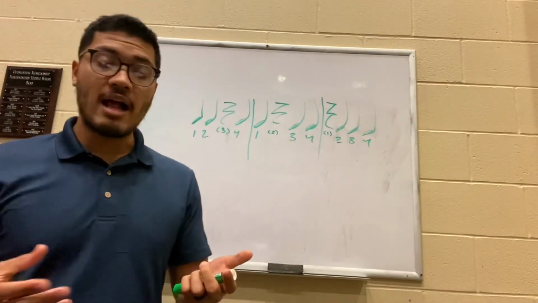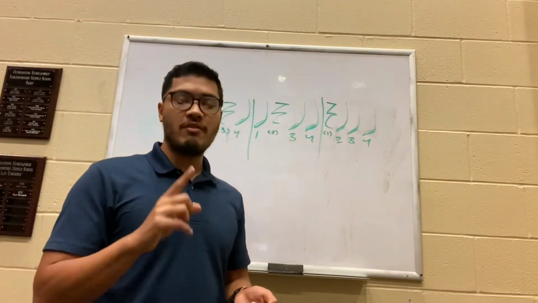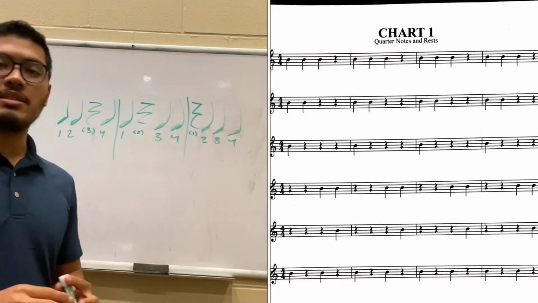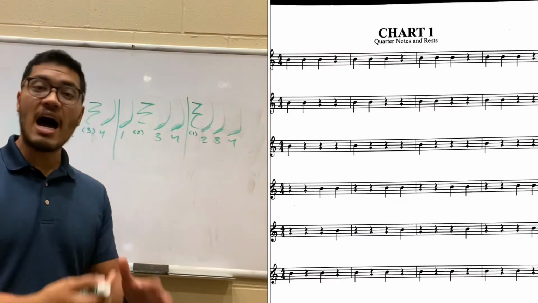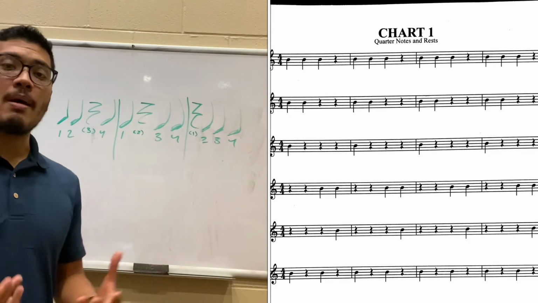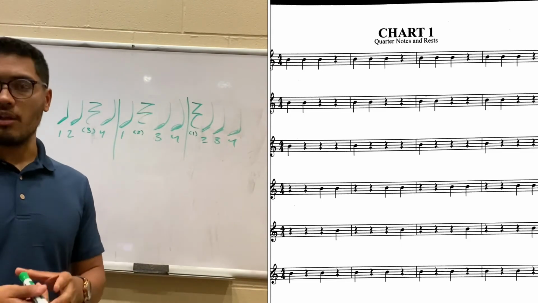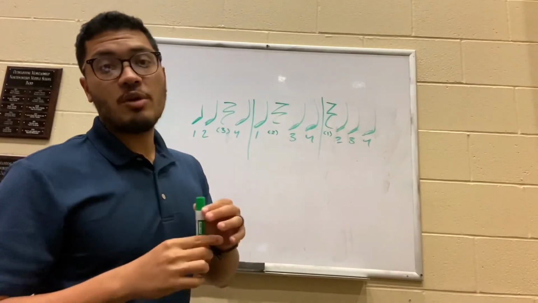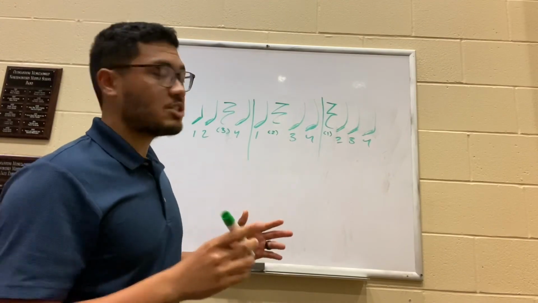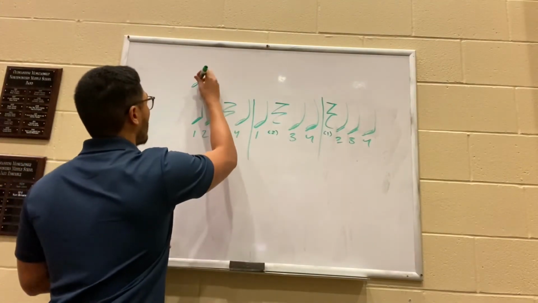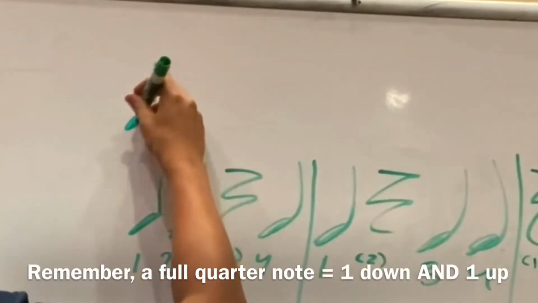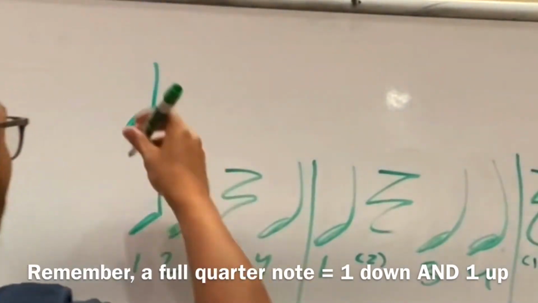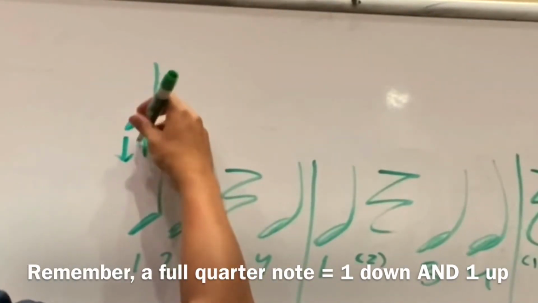So what I want you to do now is open up to chart number 1 and look right above the very first measure and write something in. It's going to be a little bit of a guide to help you remember beats and counts for all of these things. Right above your very first measure, you're going to draw a quarter note. And underneath the quarter note, you're going to put 1 down and 1 up.